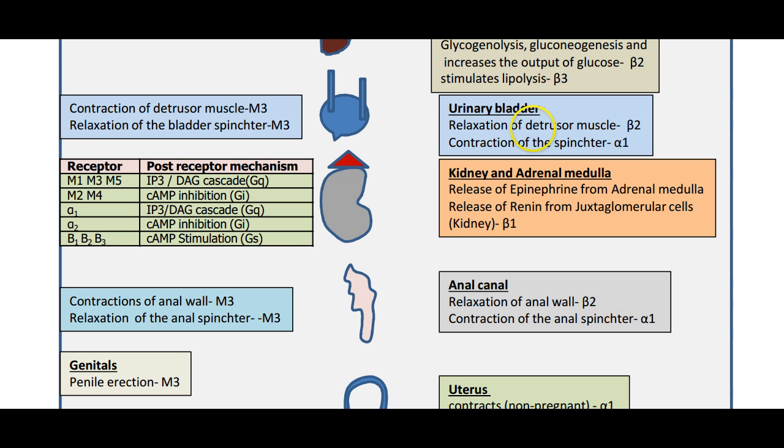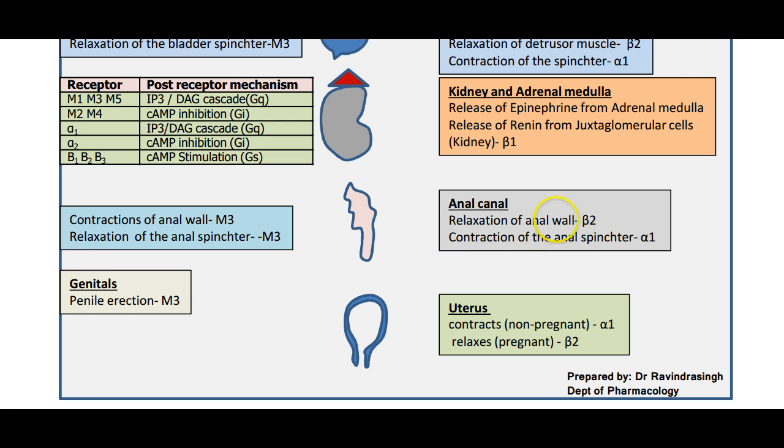And in the detrusor muscle, it causes relaxation of the detrusor muscle, and in the same way in the anal wall, it causes relaxation of the anal wall. And not only that, the final smooth muscle is in the uterus. In the uterus, it causes relaxation of the pregnant uterus.